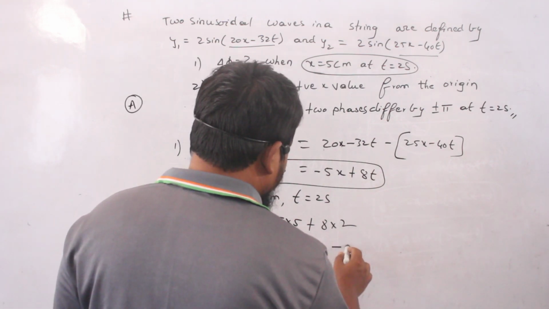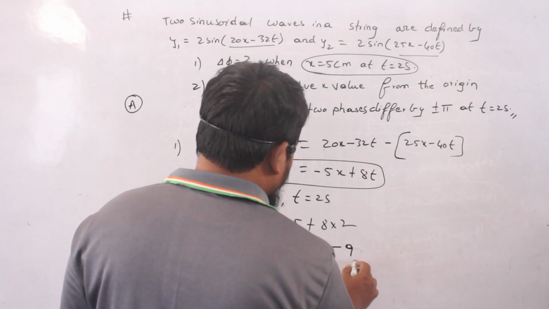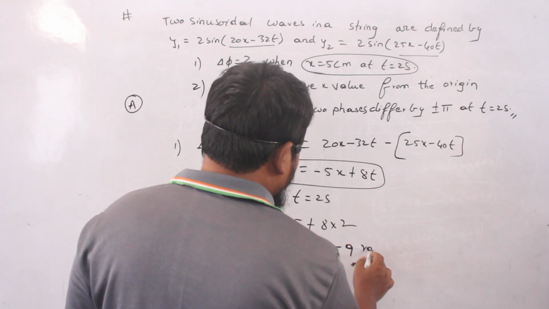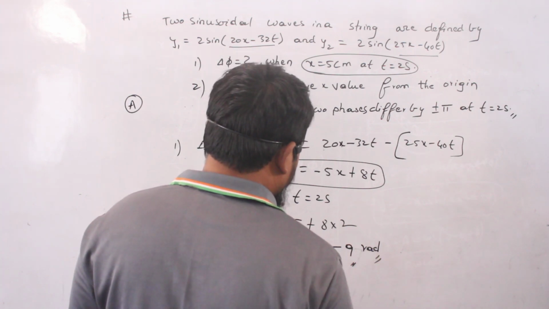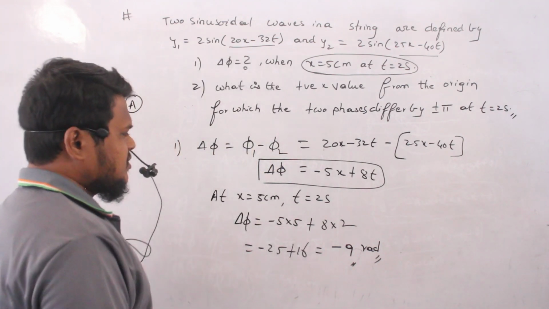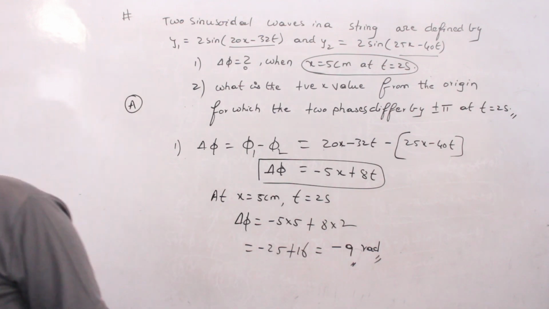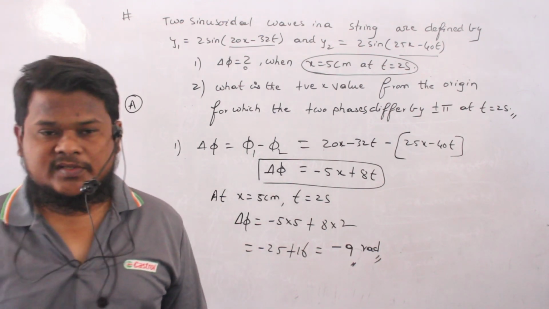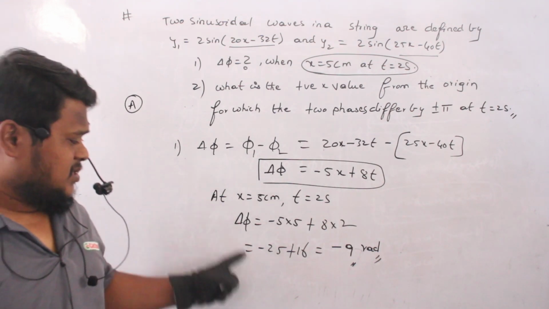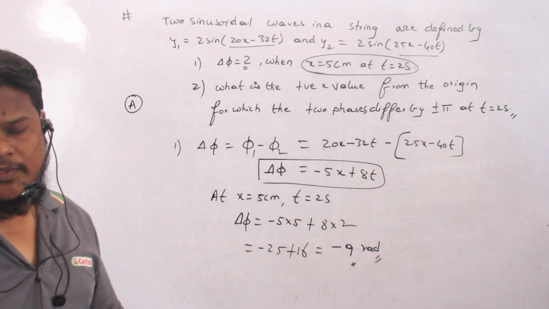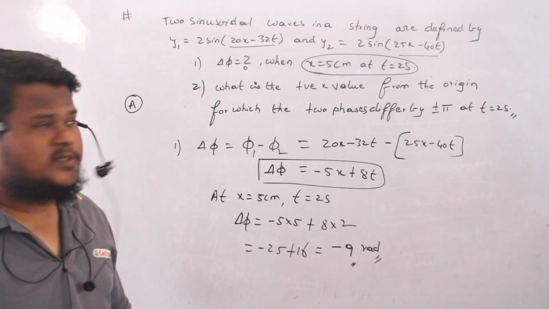So the phase difference between the two waves is 9 radians. Here we are not concerned about the minus symbol, because phase difference is a difference of phases, and only the magnitude matters.